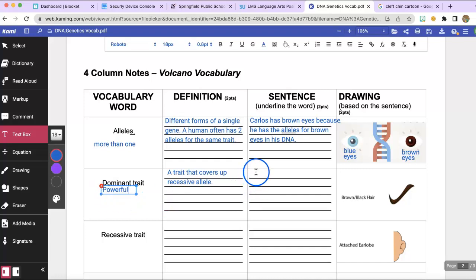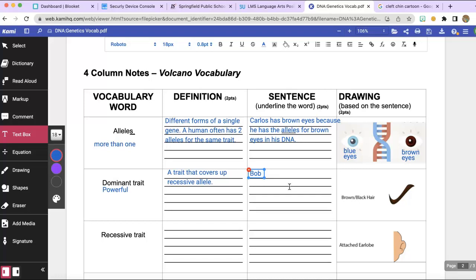Alright, let's make a sentence. And of course, as you can see from our picture, it's going to be about brown or black hair. Okay, let's write it out. Let's go with Bob. I have someone in my family named Bob. A lot of people do.